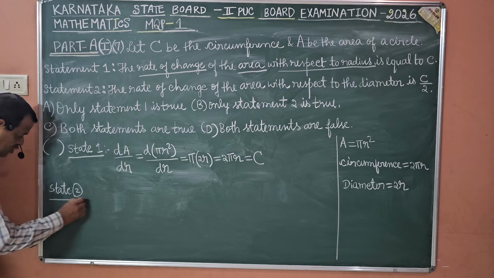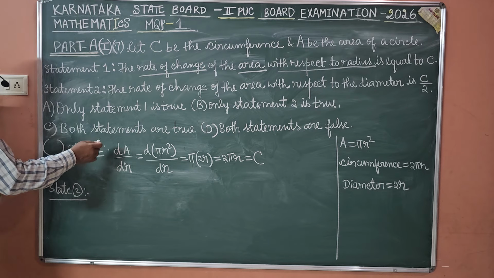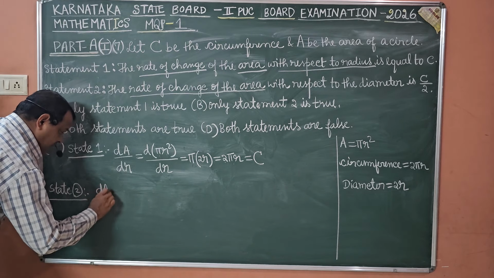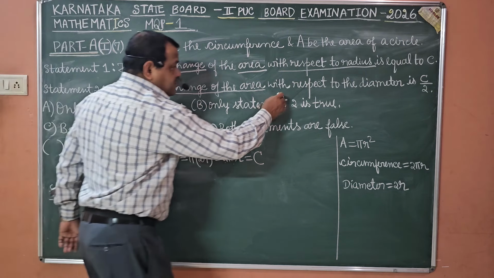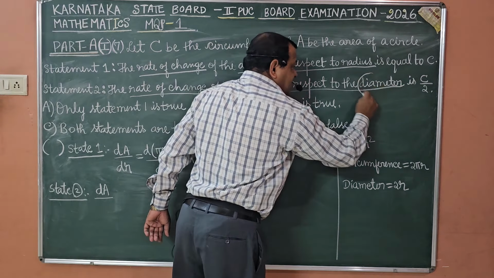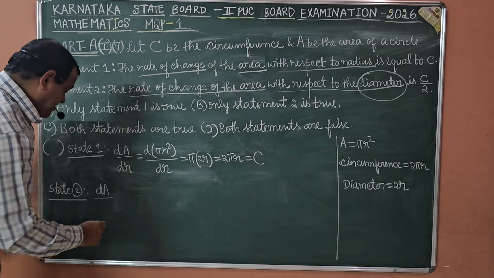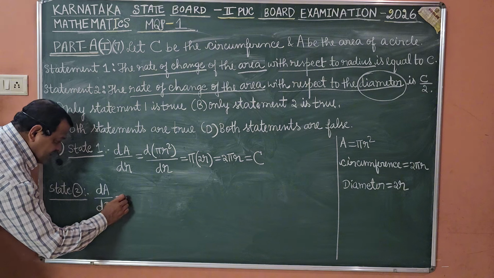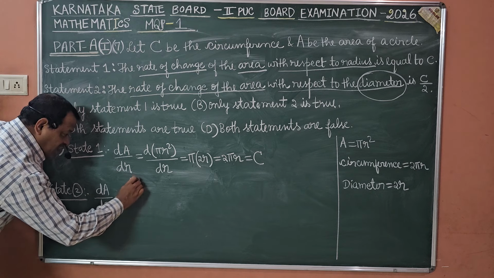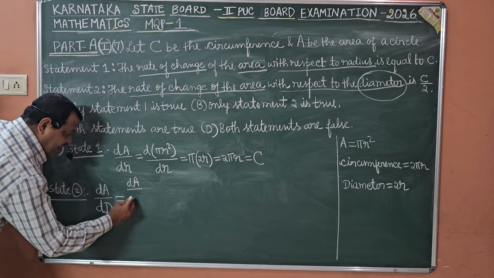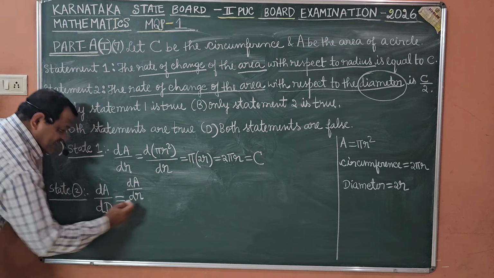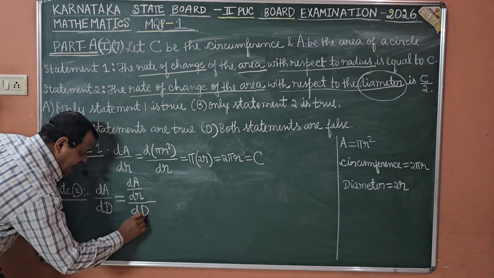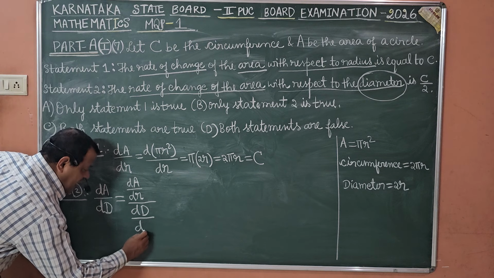Listen, statement 2 says the rate of change of area, once again that is dA, with respect to diameter. Shall I call the diameter capital D? dA by capital D, and this I can write as rate of change of area A with respect to radius r divided by rate of change of diameter with respect to r.